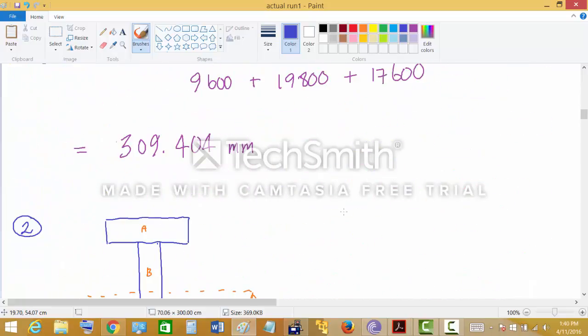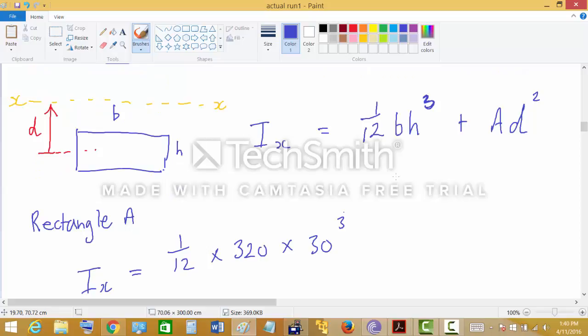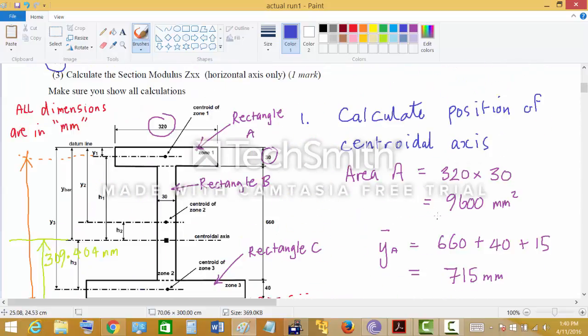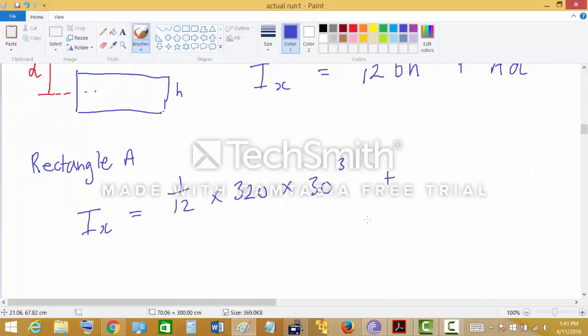And then the area, we already had the area of rectangle A. It's up here at 9,600.